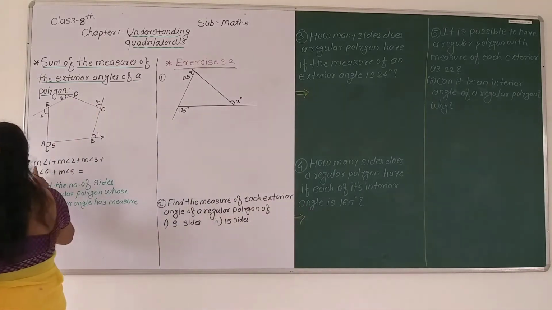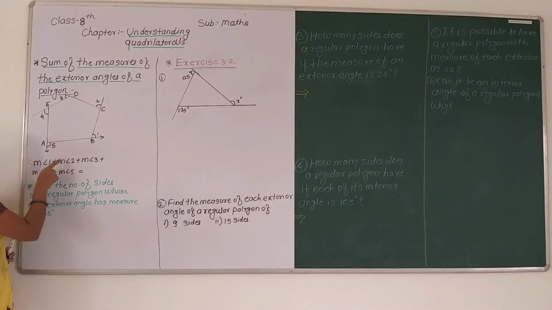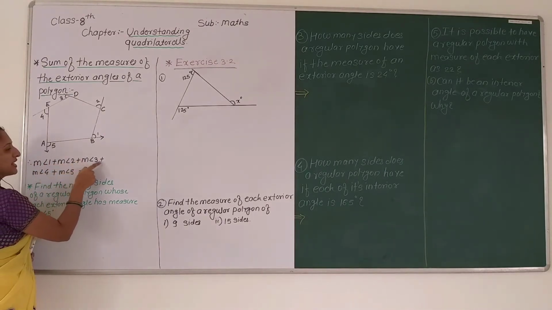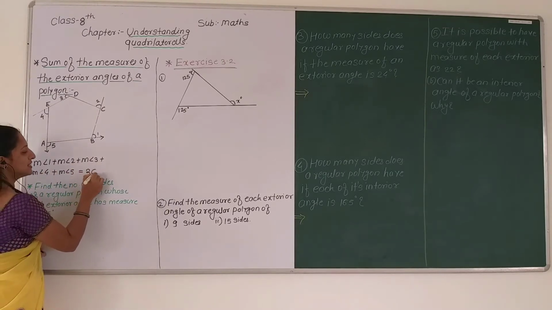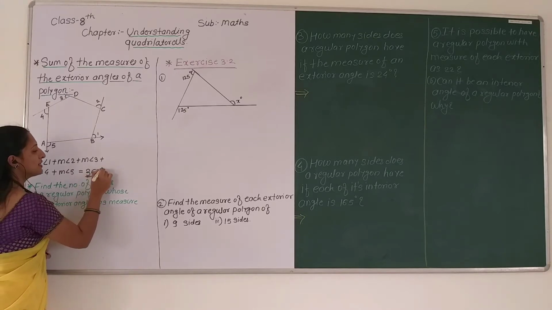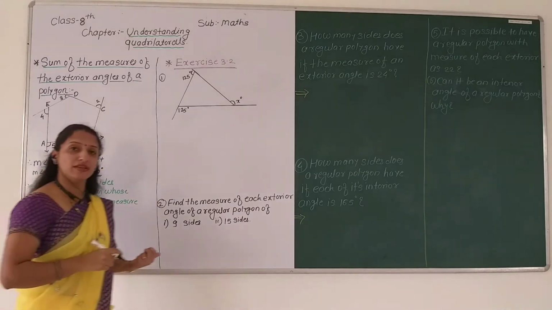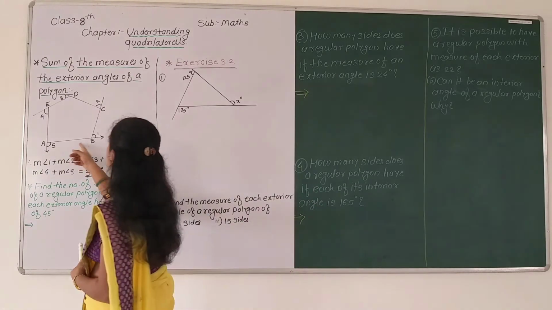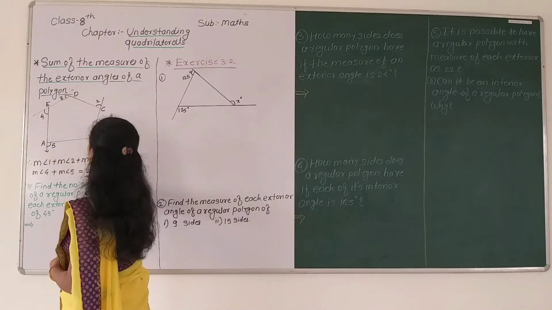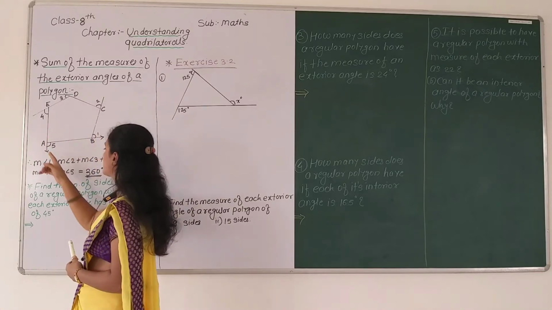So therefore measure angle 1 plus measure angle 2 plus measure angle 3 plus measure angle 4 plus measure angle 5 is equal to 360 degree. Since measure of circle is 360 degree and here we complete one turn, we complete one circle.